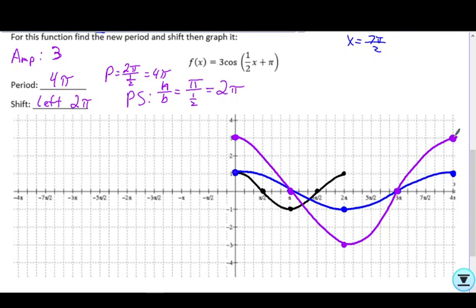Now, my shift. I'm shifting to the left 2 pi. So that means my new function is going to start here at negative 2 pi. It's 4 pi long, so it's going to end at positive 2 pi. And then here, here, and here.